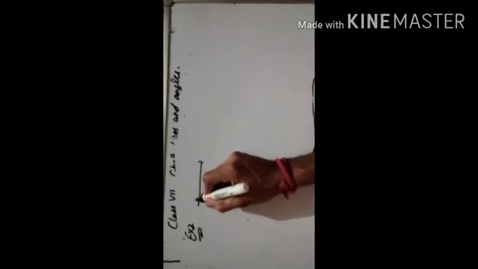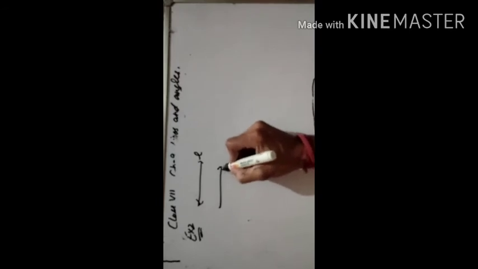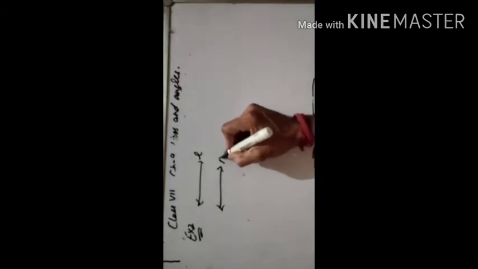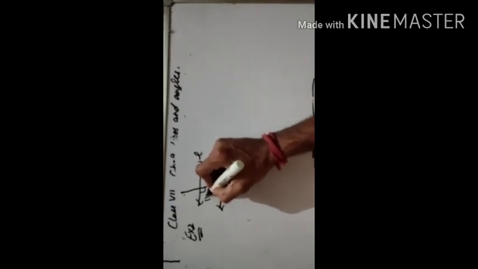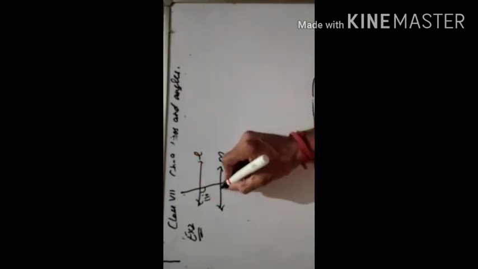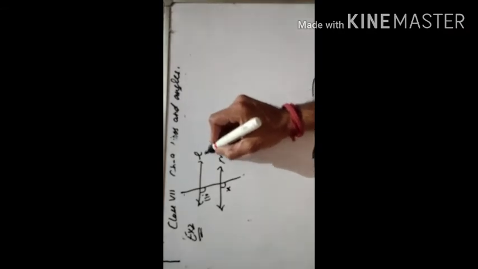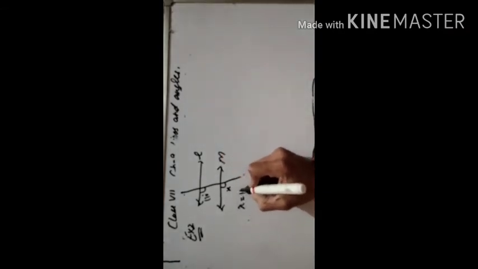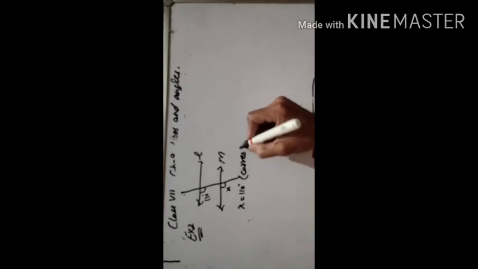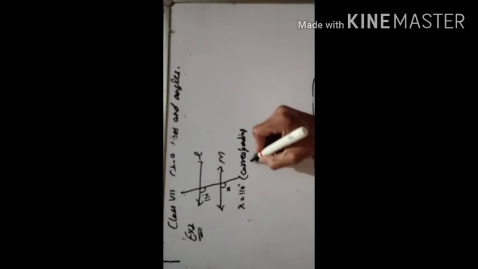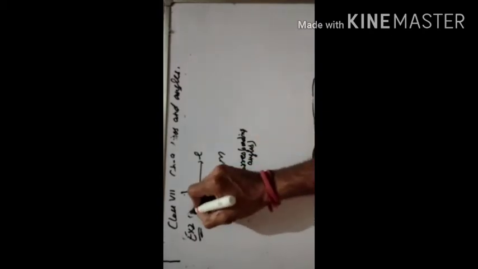This line L is parallel to M, and this is a transversal. This angle is given 110, and this is x. Now x is equal to 110 degrees because these are corresponding angles. We have to write this reason also, corresponding angles.